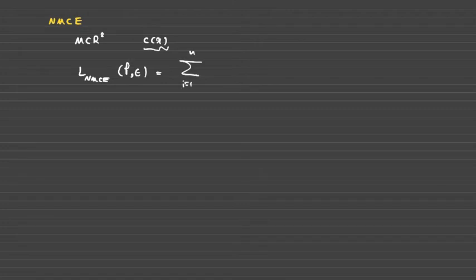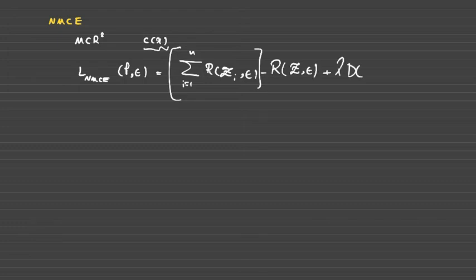So given an epsilon and an encoding function f, you have this. Now the part that has to do with data augmentation is this.